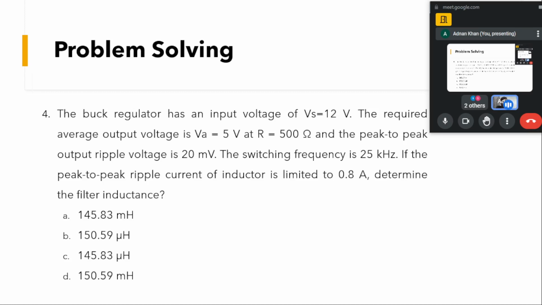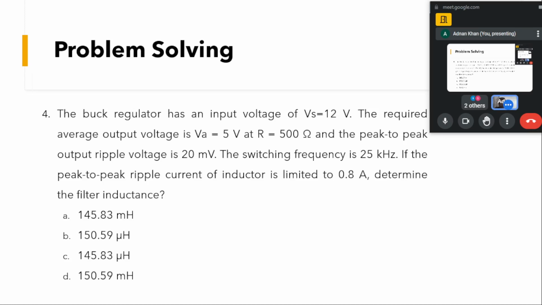It is given as a buck regulator, not a chopper where we have just a switching device and a load. When we talk about the buck regulator, we have an inductor as a filter at the output, which filters our output voltage and current. We have an input voltage of 12 volts, and at the output we want 5 volts with a ripple of 20 millivolts.